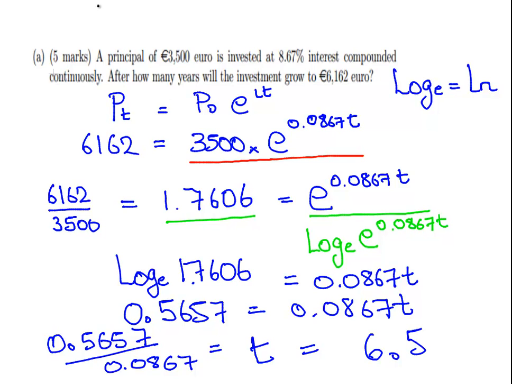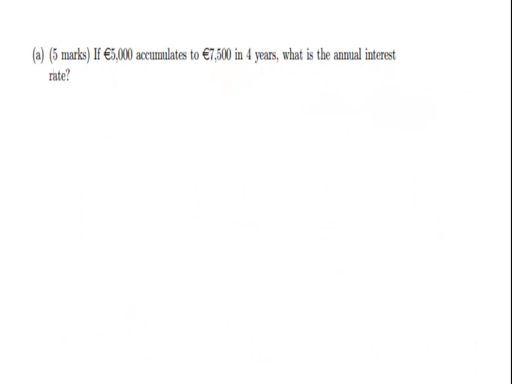So the answer we are looking for is 6.5 years. By the way, we know it's years because that's what the question asks us. So that is the first one.